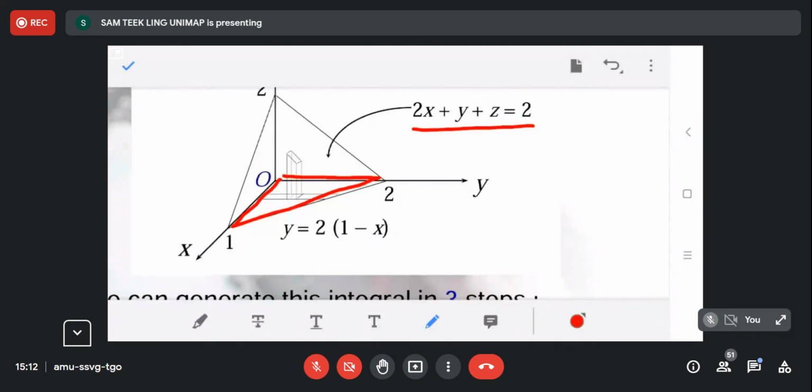For the volume integral, same, like this. One surface plus one surface plus one surface will become one volume.